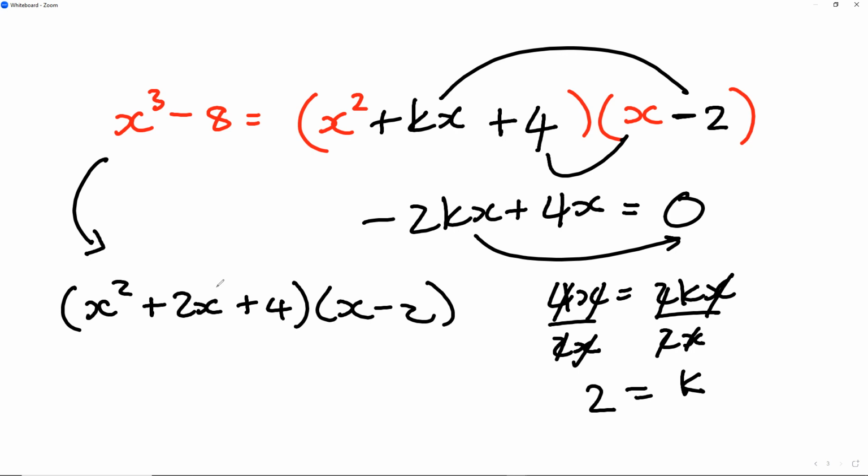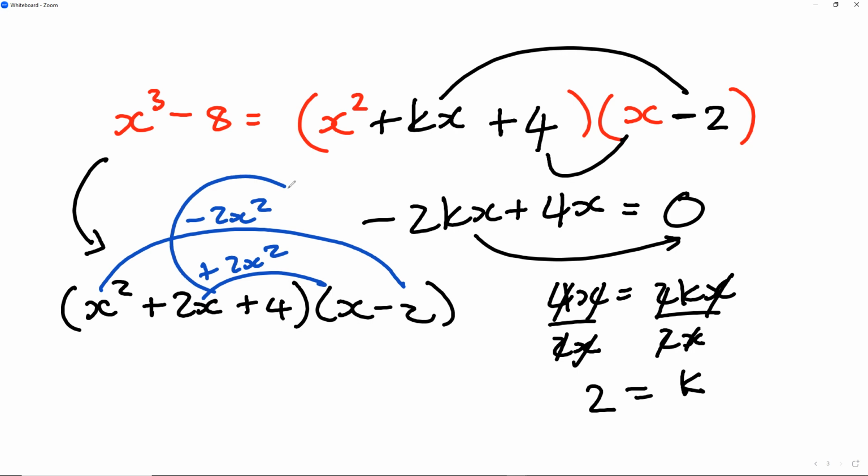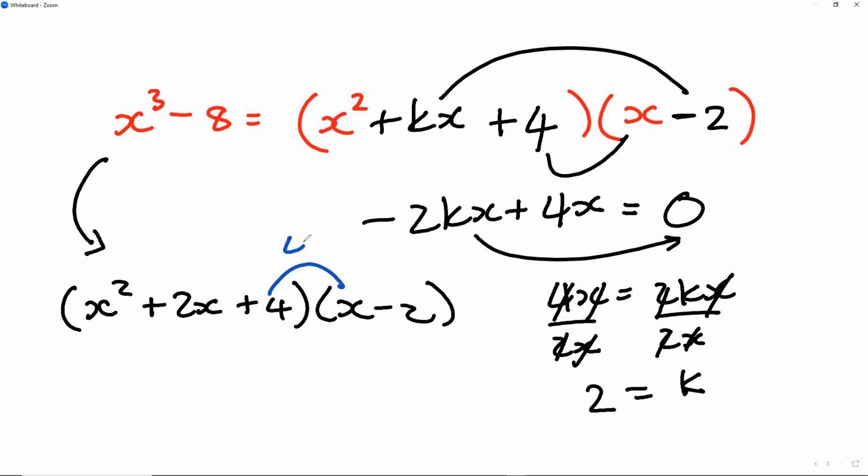And let's check that. So x squared is going to become negative 2x squared when we multiply it with negative 2. And this is going to become positive 2x squared, and look at that, it disappears. The x squared term will disappear. And then this is 4x, and that is minus 4x, and that'll disappear as well.